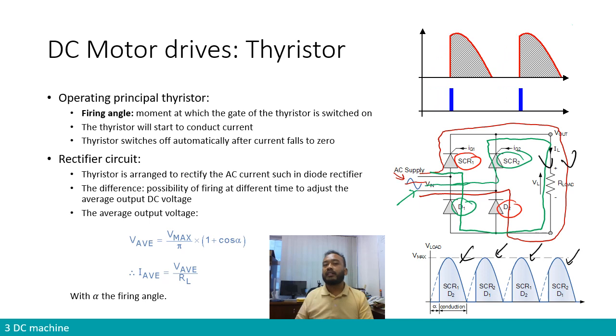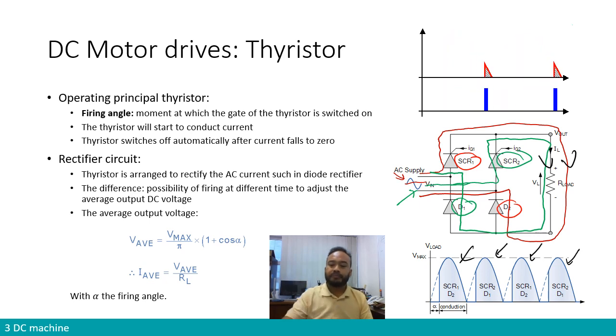So that is the first type of driver, where you are using a thyristor as the power electronic component, and the most important thing is that we use a thyristor because we need rectification, because the input supply is AC.